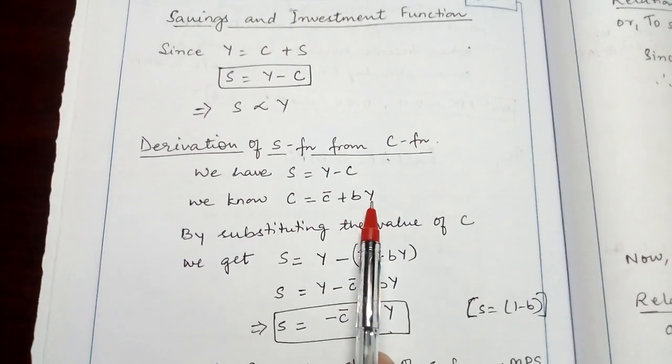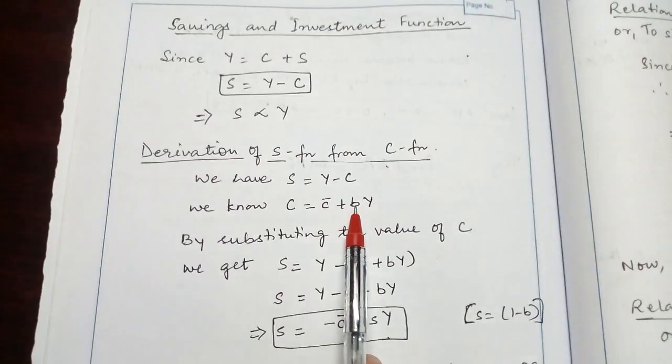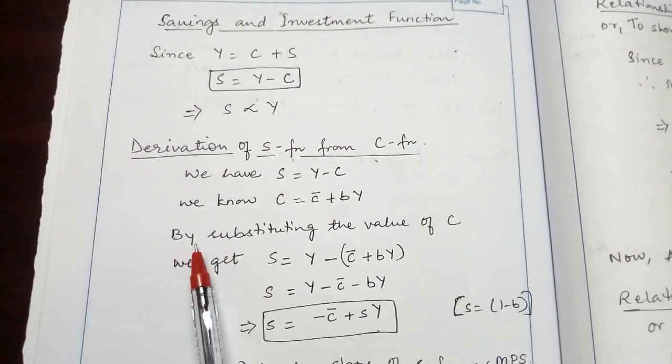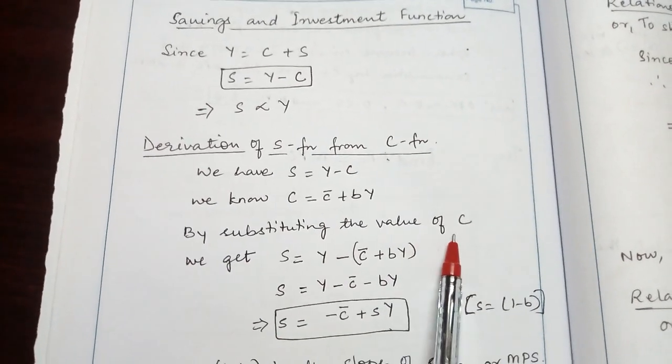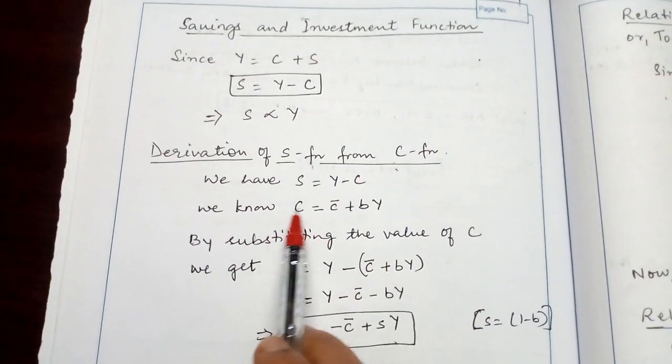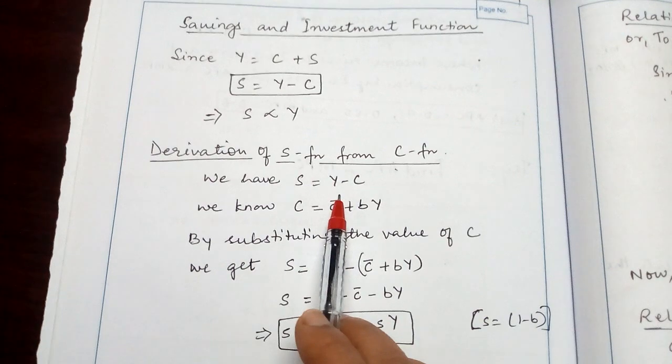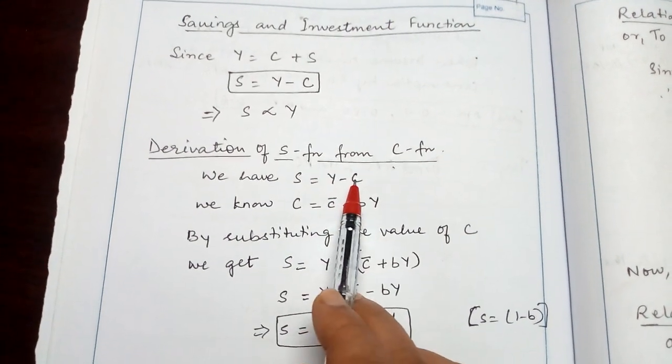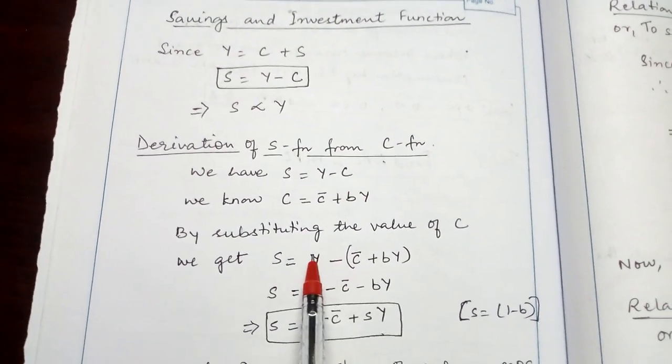That means a part of the income that is consumed. By substituting the value of consumption, C is equal to C bar plus bY, we put this value over here and derive the saving function.